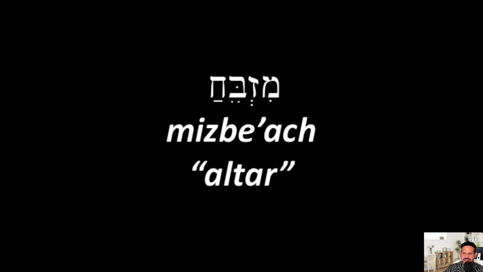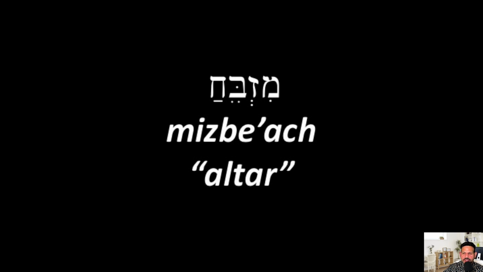So what does the letter mem with the hirik underneath sound like? It's mi, as in the word who in English, but mi in Hebrew. Now this is actually not who in this actual word.